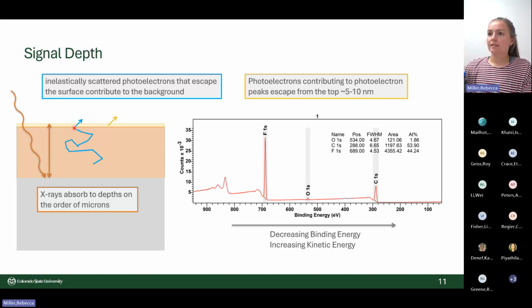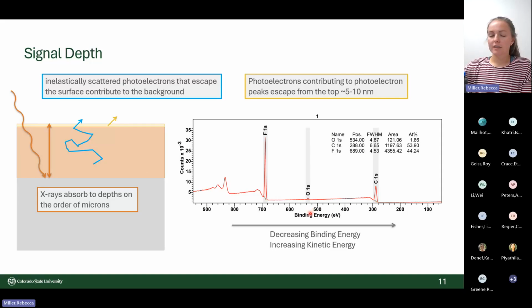If these inelastically scattered electrons lose some energy, that means they have a lower kinetic energy, which means a higher binding energy. That's why in these survey spectra, you see this step around big photoelectron peaks. The step in the background comes from fluorine atoms deeper under the surface of your sample that have electrons kicked out, have lost energy, but have still made their way to the detector.